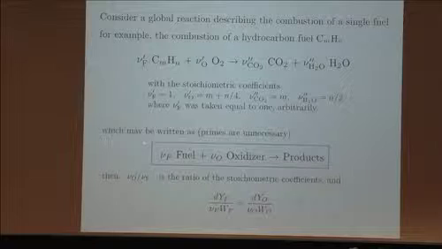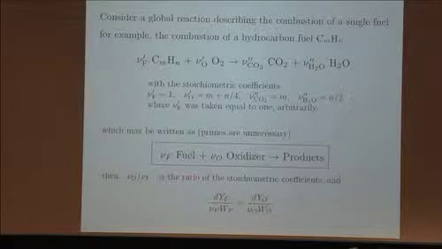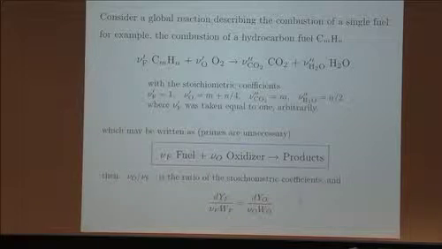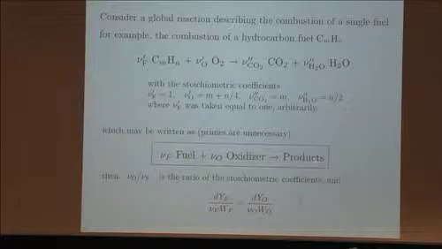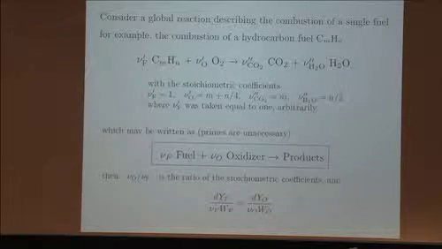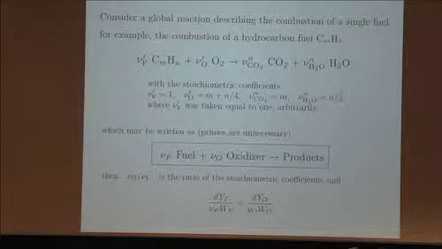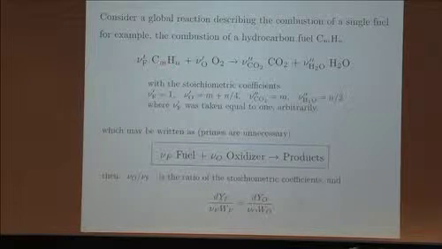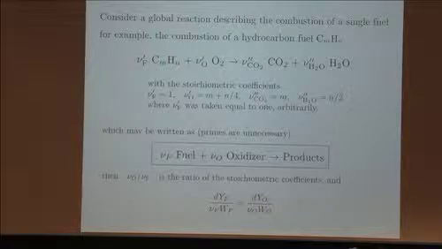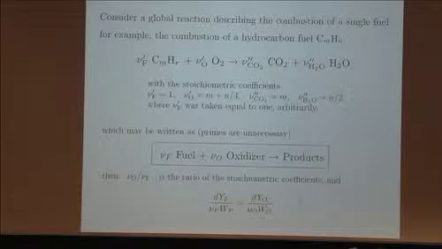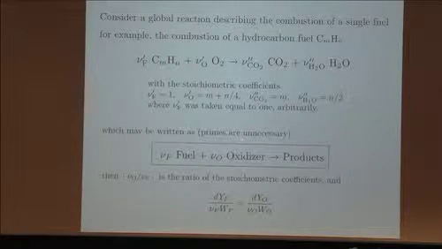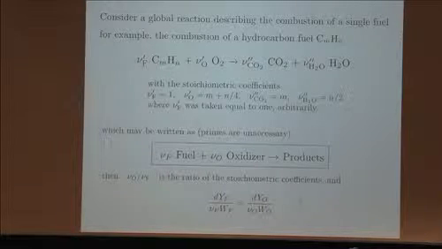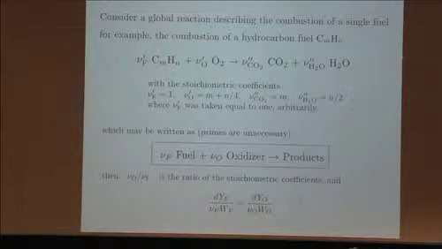You can read it later. Essentially, I want to focus on a global reaction that I can write as fuel plus oxidizer go to product. So for example, if it was this hydrocarbon written here, then the fuel is the specific hydrocarbon that I chose with m and n. The oxidizer can be oxygen or air, and then the product is whatever species are produced there.